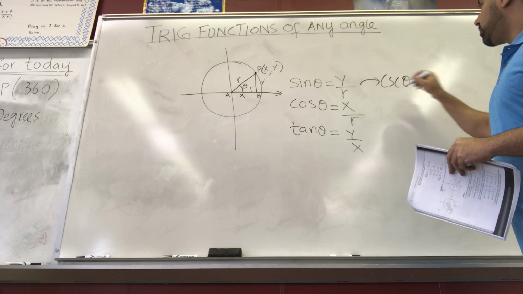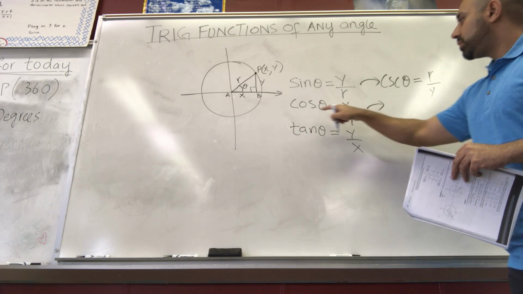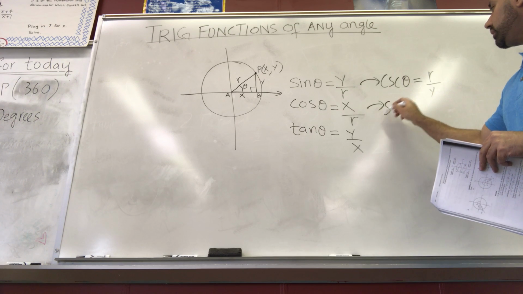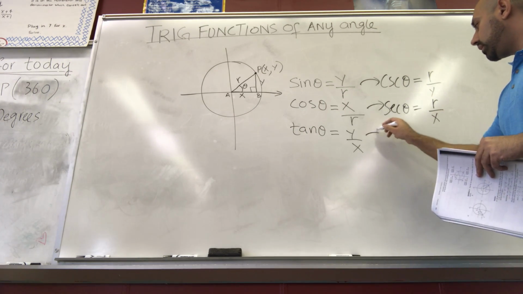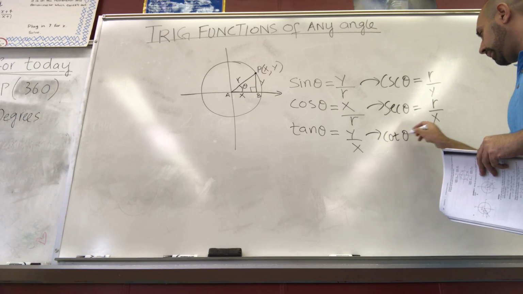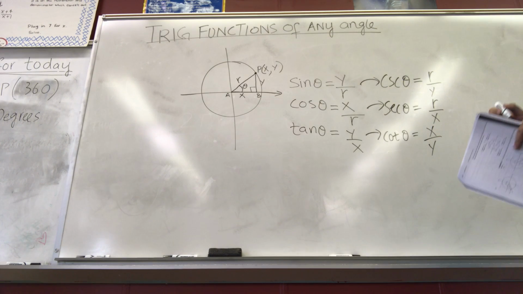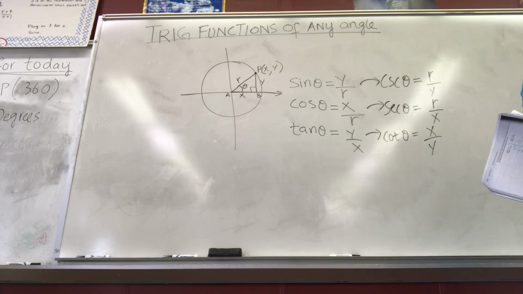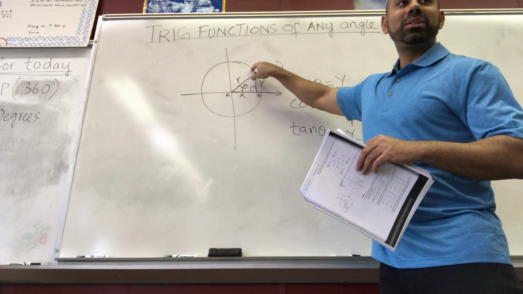Cosecant. So cosecant would be r over y. Similarly, what is the reciprocal of cosine? Secant. Secant would be r over x, and then the cotangent would be x over y. Okay? So this was if the terminal side is in the first quadrant.